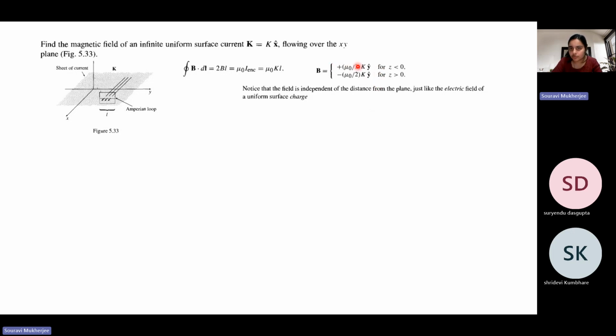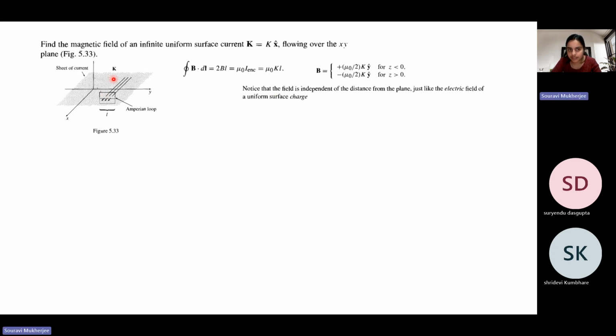You have to be careful about how you get to this sign. So basically, when you're finding the magnetic field, again, you're doing a cross product. Suppose here, the direction of the current density is along X. Anywhere in the minus Z direction, that is below this plane, the cross product will be between K cross minus Z, which is X cross minus Z, right?